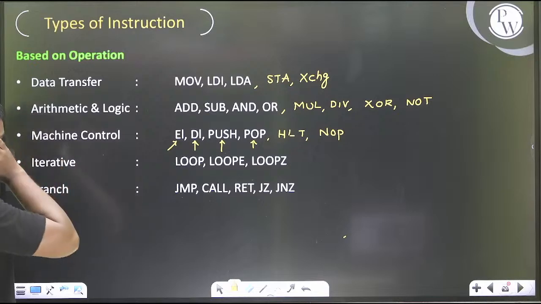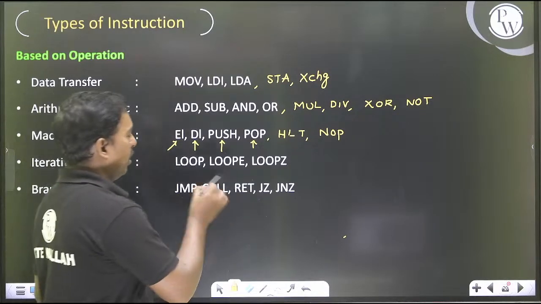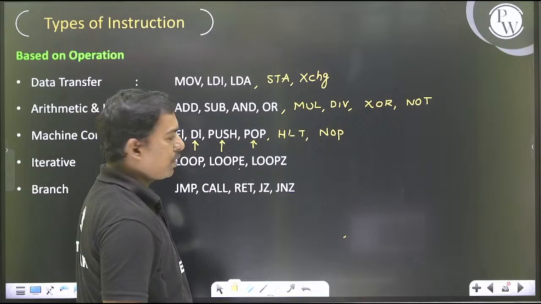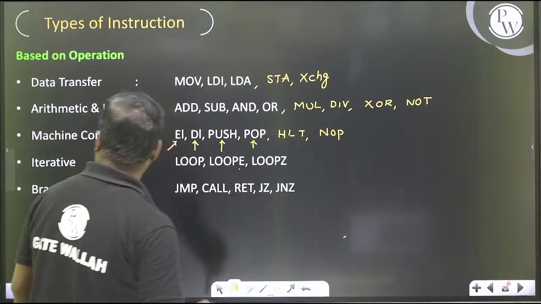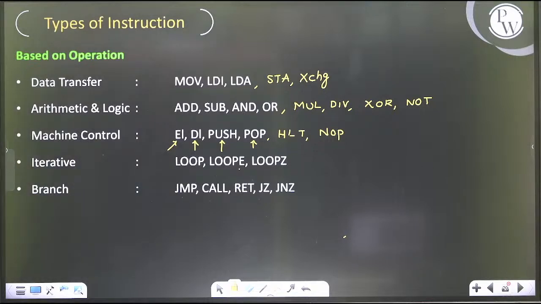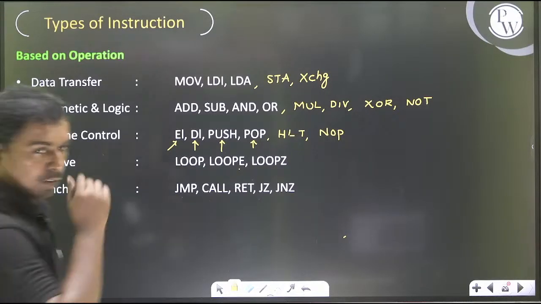Iterative instructions: loop equal, it will be in the loop as long as the content is equal to some destination content. Okay, next branch control: jump, call, return, jump if 0, jump if not 0. These are the things. Got it? Noted.